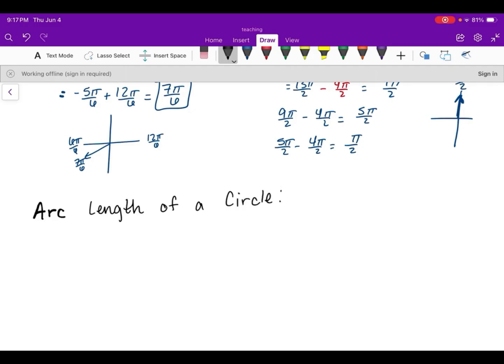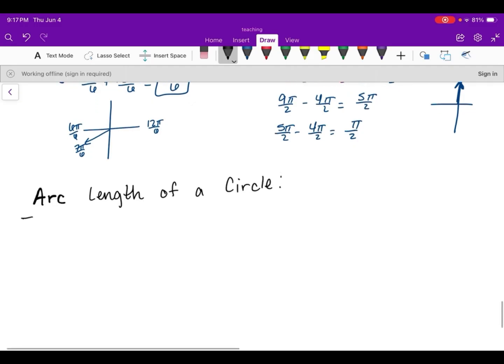Our next little subsection here is arc length of a circle. The definition for arc length has some words in it that hopefully you'll recognize.